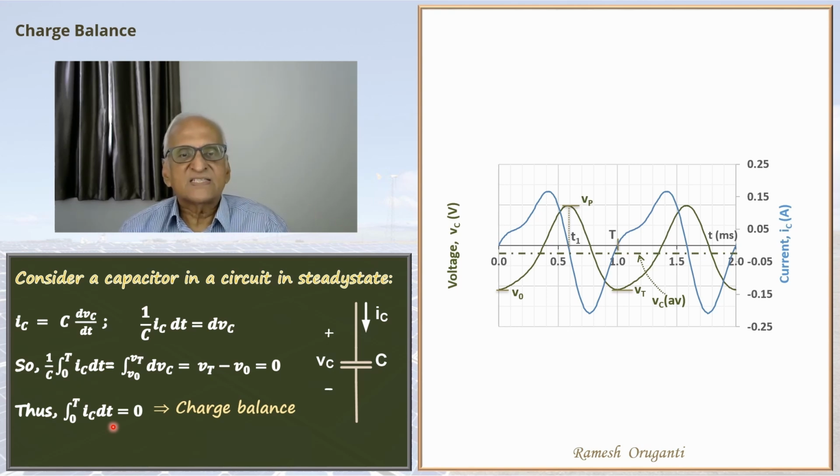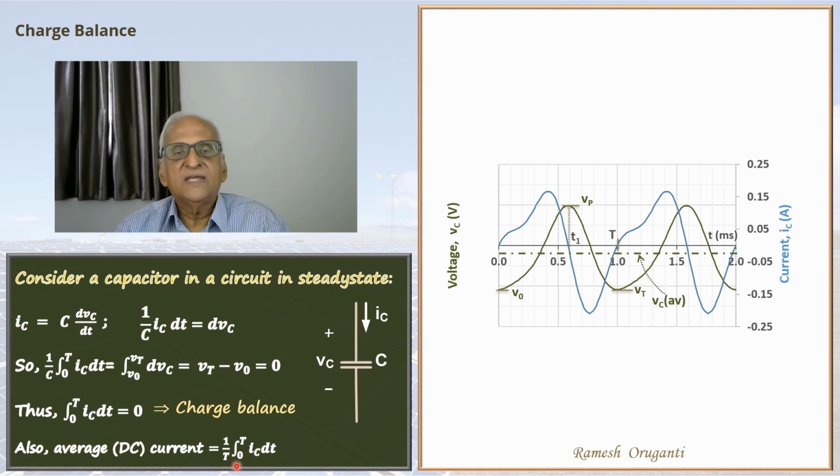Next, we will just quickly see the relationship between charge balance and DC current in a capacitor. The average current under steady state and DC current are the same. Average current is given by 1 over capital T integral 0 to T IC dt. If you have some discrete items, you add up all the discrete items and divide by the number of discrete items.